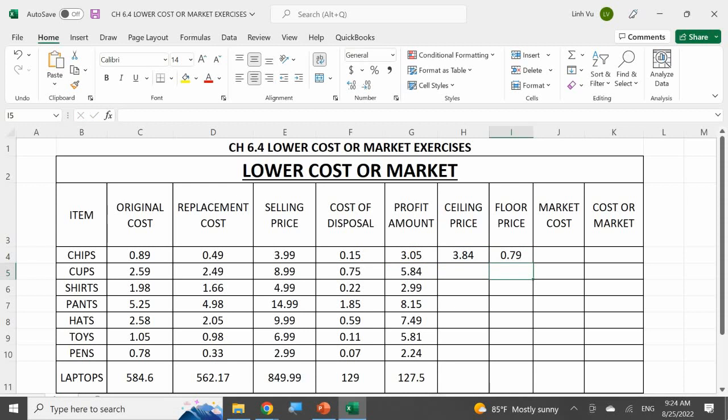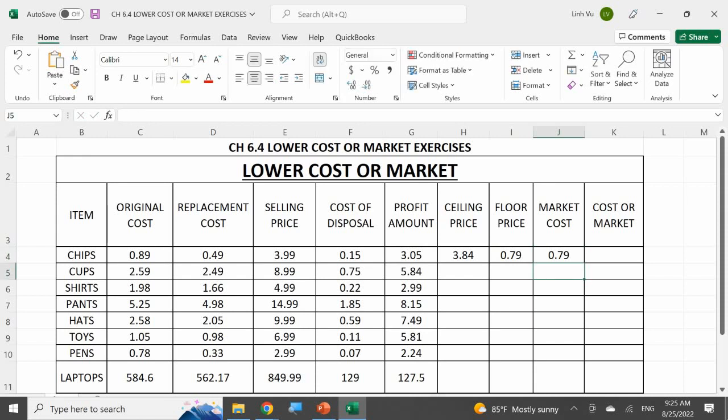That's going to give me 79 cents. So now we need to solve for the market. We need to compare three numbers: ceiling, floor, and replacement. So 49 cents versus $3.84 versus 79 cents. Which one is in the middle? 79 cents is going to be in the middle, right?